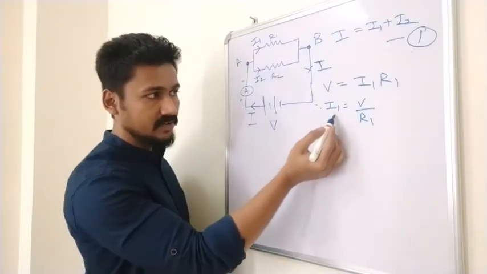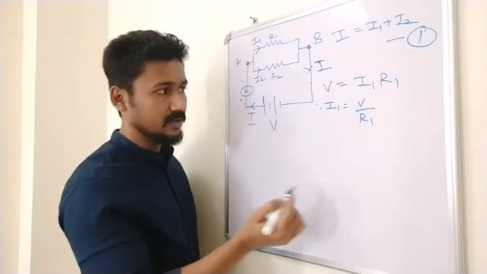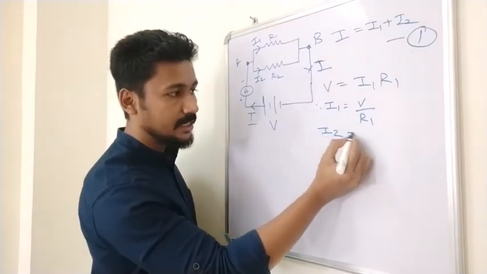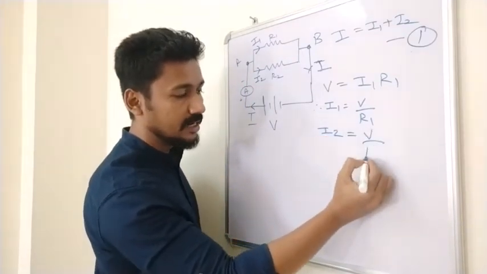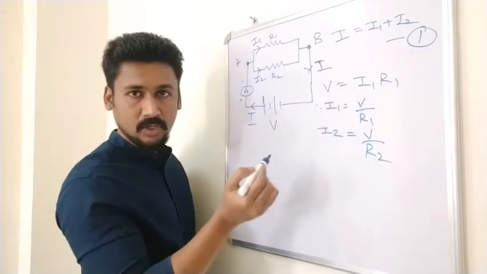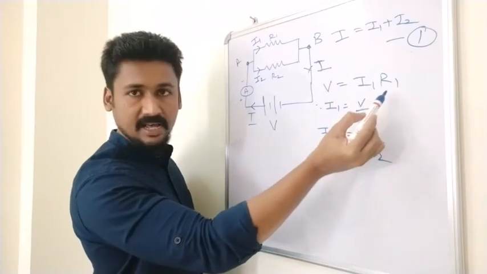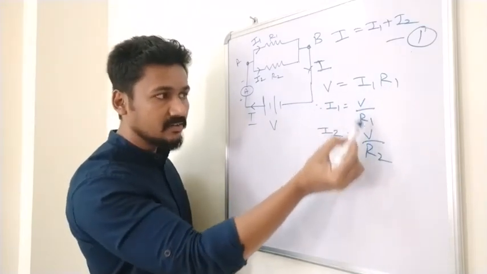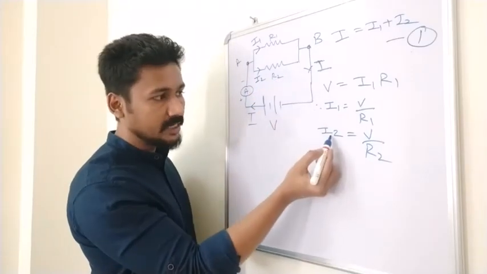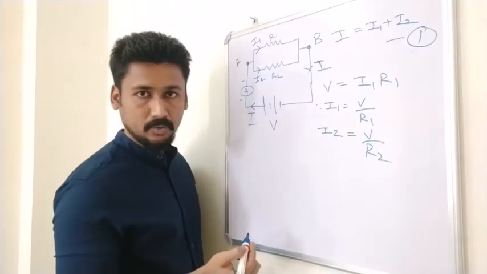Similarly for the second resistor, you will get I2 is equal to V upon R2. I hope you are following how we got this. V is equal to I1 R1, thereby I1 is V upon R1, and the same treatment for R2 gives I2 is equal to V upon R2.